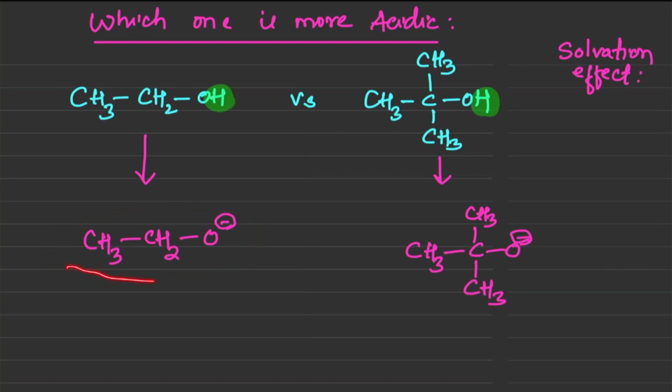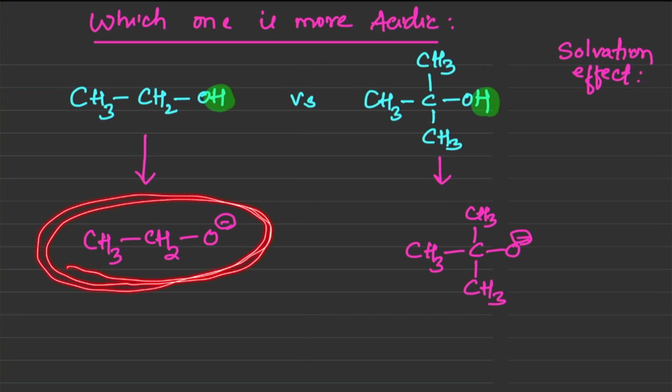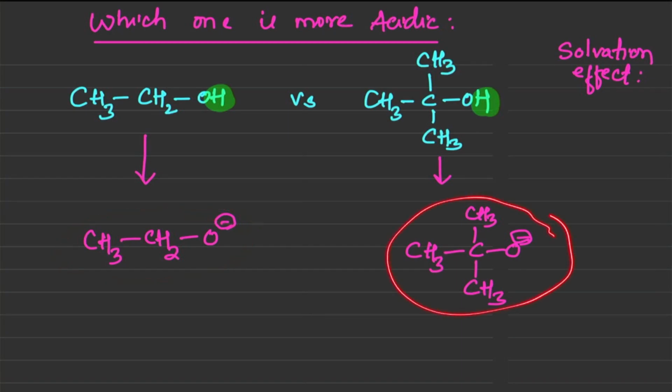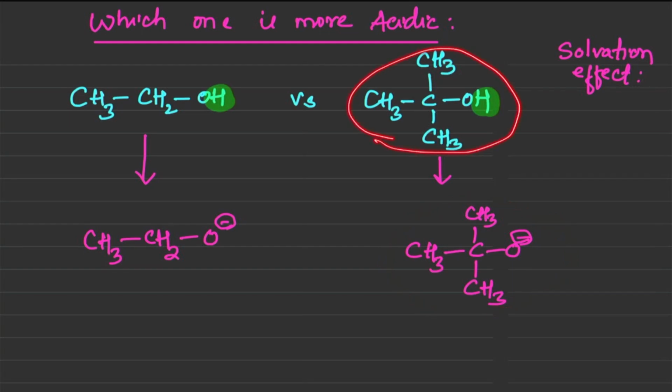The rule is, if we can make this conjugate base somehow stable, between left and right, whichever is more stable, the corresponding acid becomes the stronger acid. Again, it doesn't have to be this side. If this conjugate base is more stable, then the corresponding acid will be the one that is more acidic.